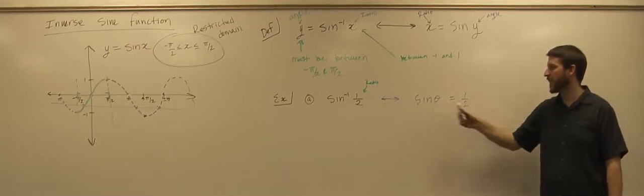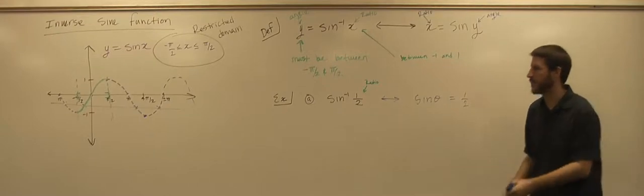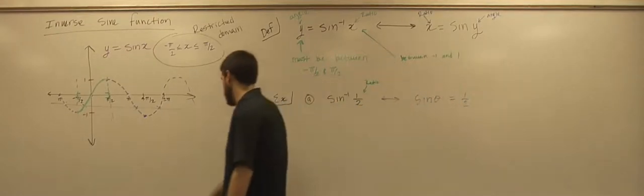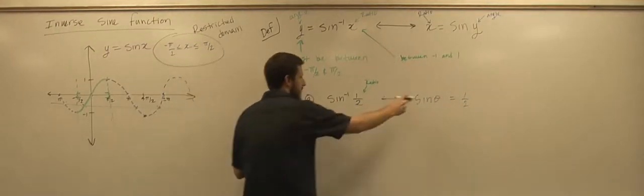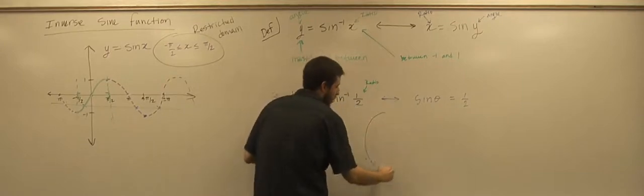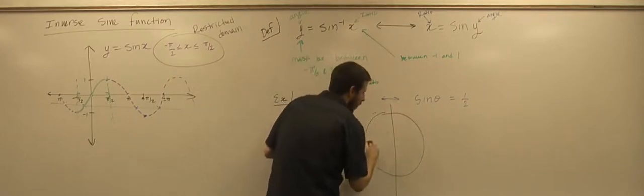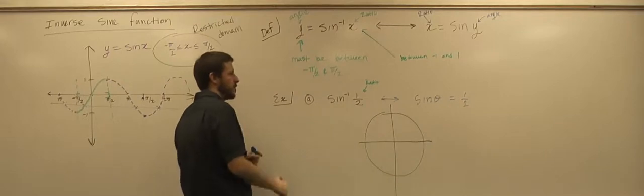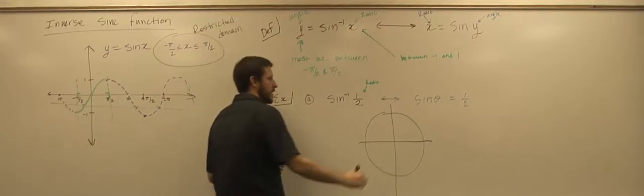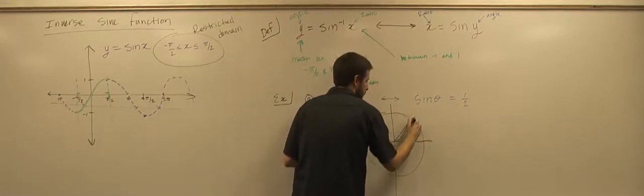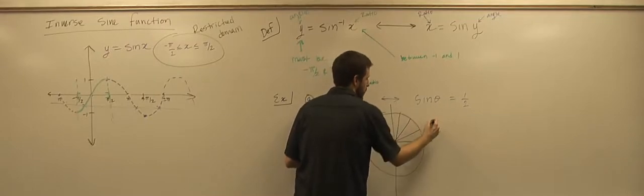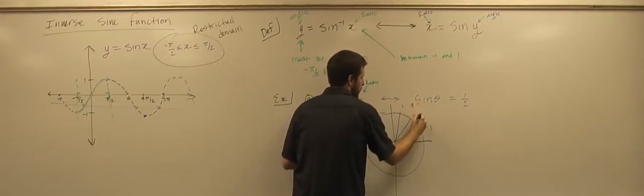In order to solve for this theta, you have to have a good idea of what your unit circle looks like, because at this point you have to have some picture of all the possible sine values we know.